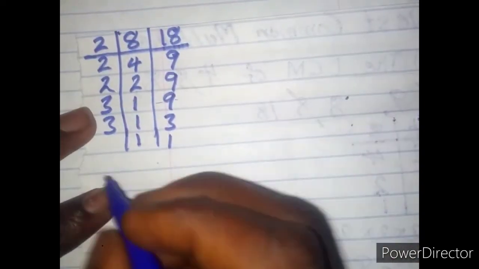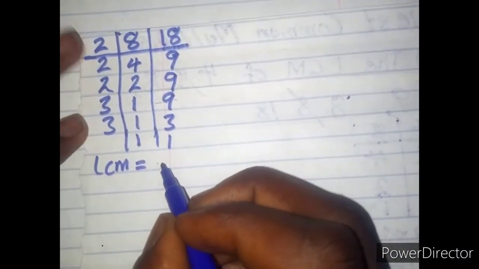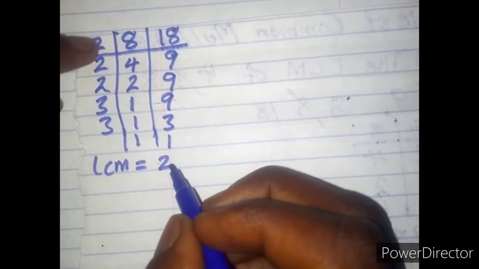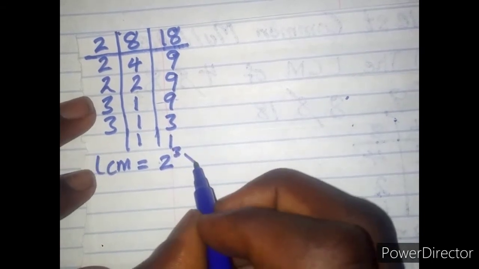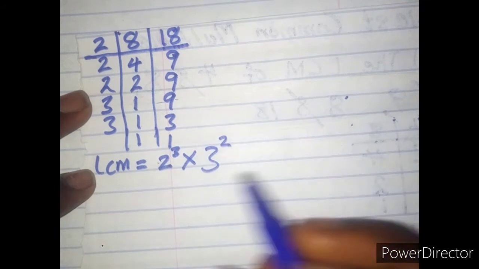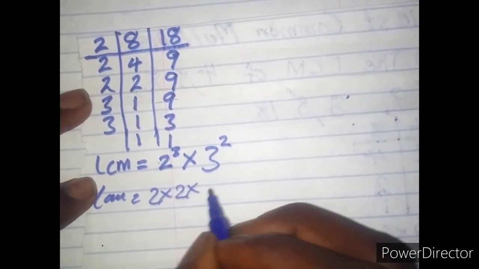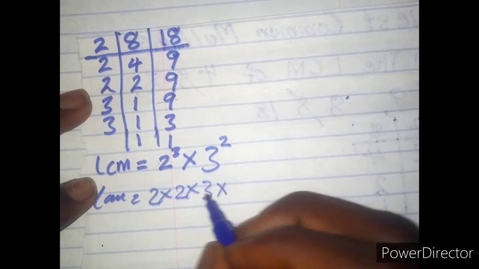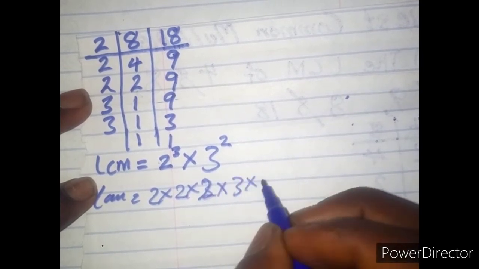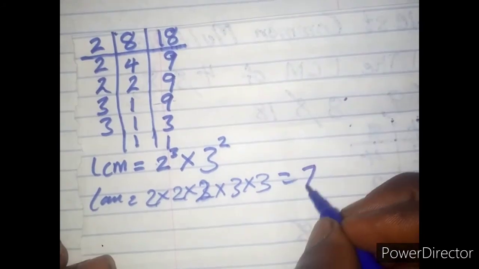The LCM of 8 and 18 is equal to 2 raised to the power of 3 times 3 raised to the power of 2, or 2 times 2 times 2 times 3 times 3, which is equal to 72.